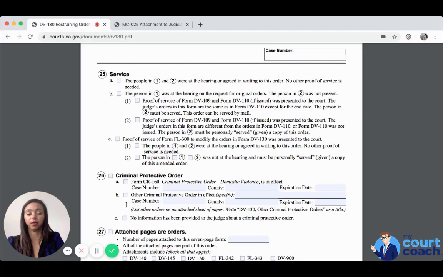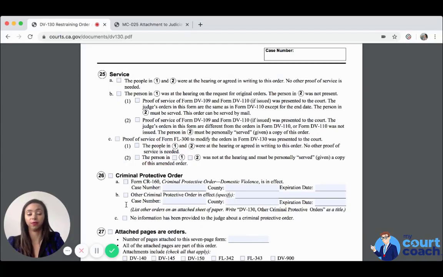Or the court can say that, yes, your proof of service was presented, your temporary restraining order was issued, and that was also presented to the court, and the judge's orders in this form are different from the orders in the DV-110, or the DV-110 was not issued, but the person in 2 must be personally served a copy of this order.